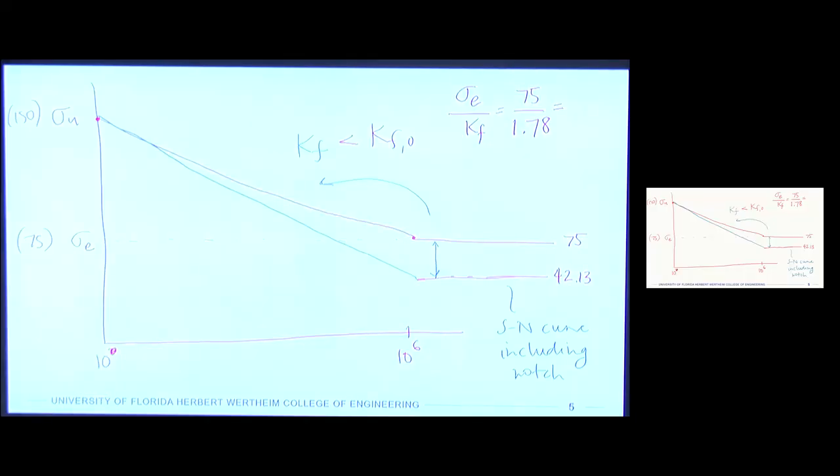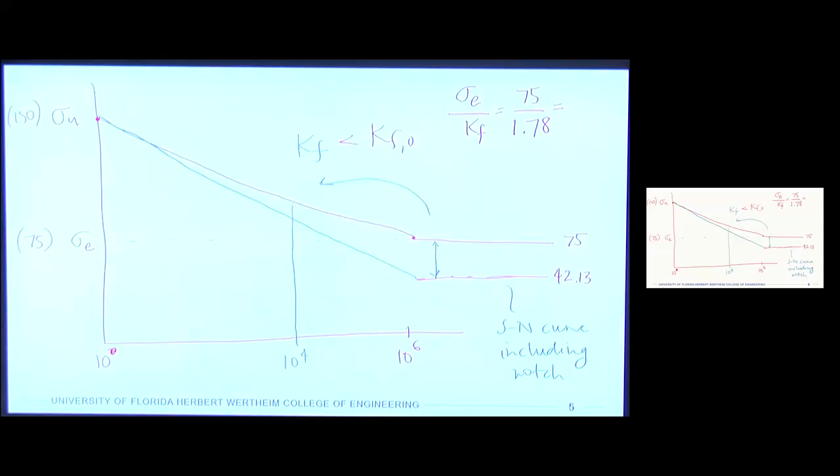So let's take an example. Let's go to 10 to the 4. I'm going to use the example plot that I have from the book to come up with these exact values.